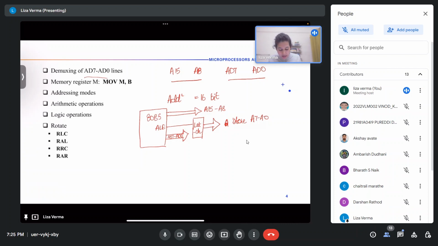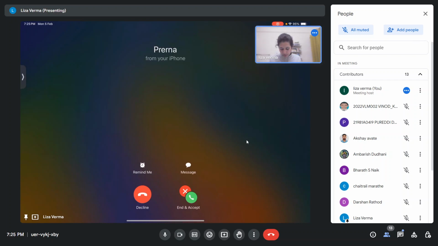When it enables the latch, the higher order address lines won't be disturbed during the whole instruction, but AD7 to AD0 will go on to the latch and load its data to the latch.